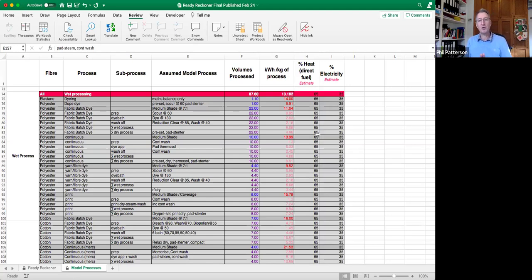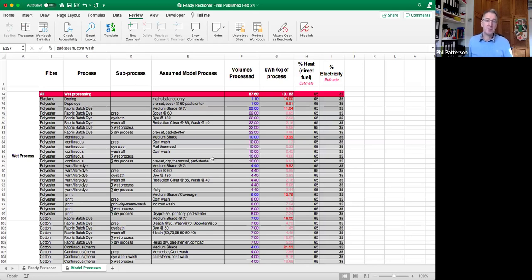So if you are looking at a solution that looks at the dye bath only for polyester, we would be asking you to look at the kilowatt hours per kg of 2.93 with a split of 65% heat energy and 35% electrical energy. And if you are only saving heat by dropping the temperature, for example, then we want you to do that calculation accordingly.